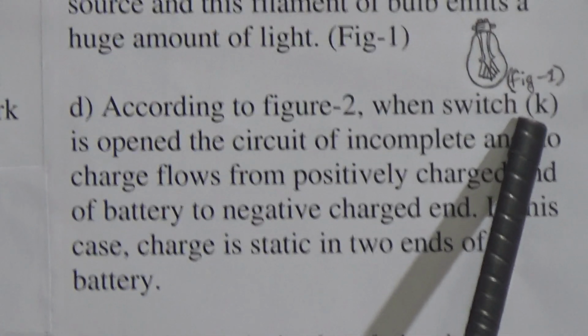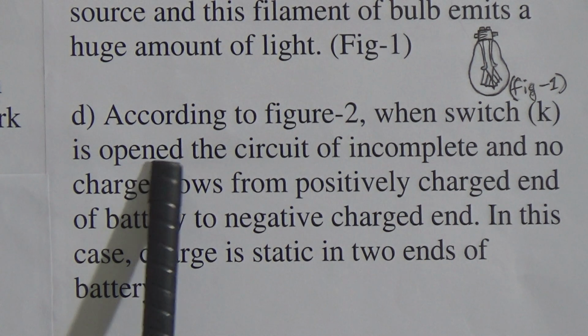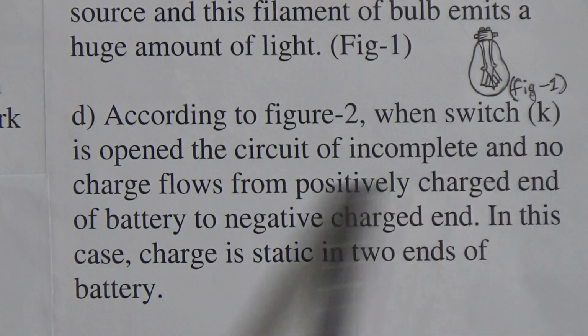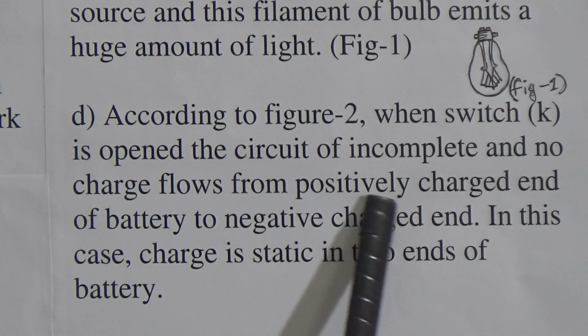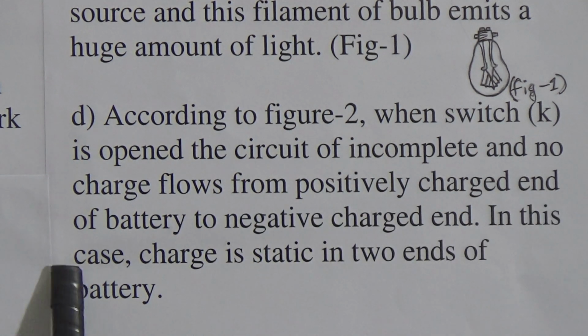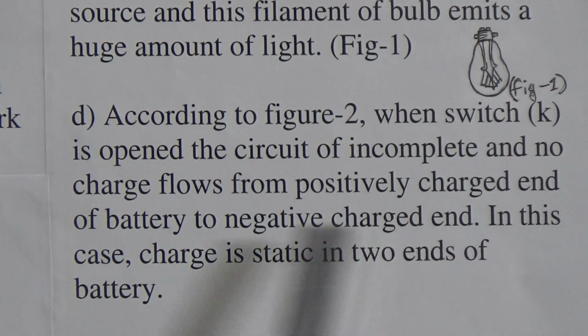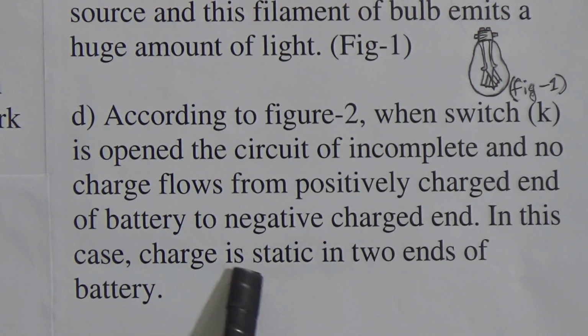According to figure 2, when switch K is open, the circuit is incomplete and no charge flows from the positively charged end of the battery to the negatively charged end. In this case, charge is static at the two ends of the battery. You can see this figure.